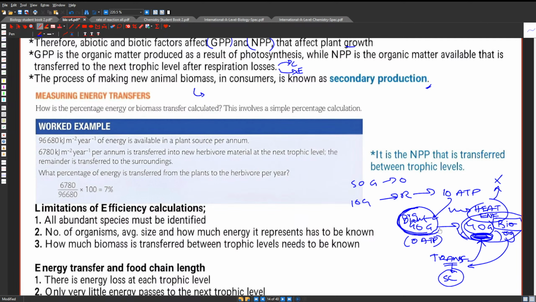Because the things that you eat are not considered biomass. That's just considered food as sustenance, just organics. But biomass is organics that can be weighed and transferred to the higher trophic level.